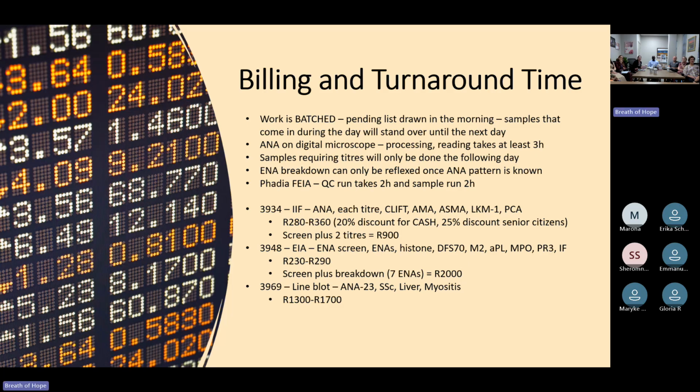So you can see these things can get quite expensive. So we try and look at ways in which to, for example, make our breakdown panels not so extensive. Quite often I draw stats to see, in the last 6 months for a certain pattern, when we had a positive ENA, what were the antigens that came up? Because you can't be doing everything.